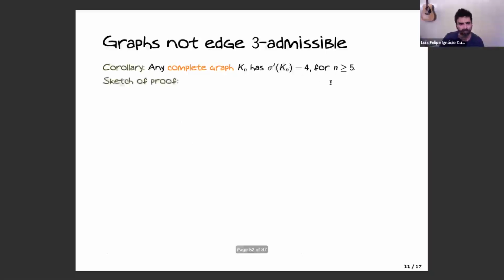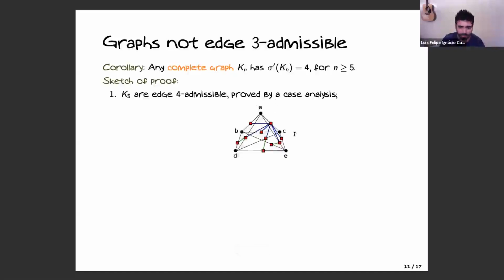And to prove this result, also just a sketch of that. First, consider K5. K5 is edge 4 admissible, sorry for that, and we can prove it just by case analysis. We can see here in blue and in green the edges of the edge spanning tree.